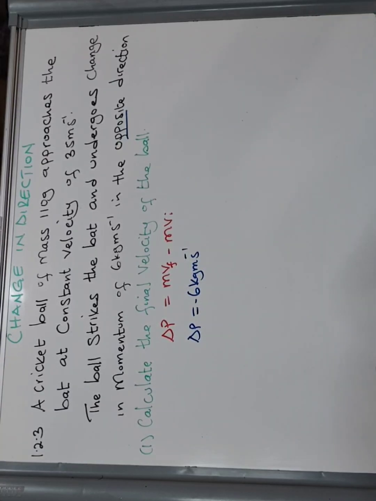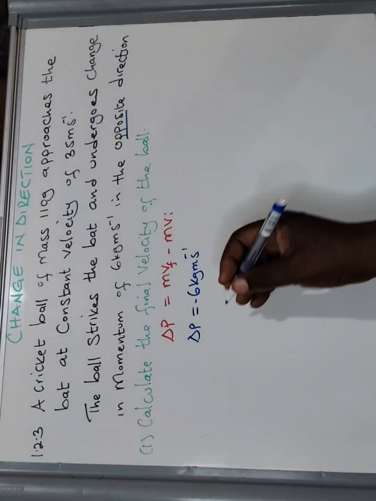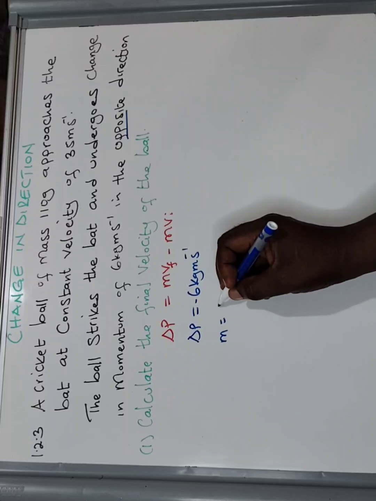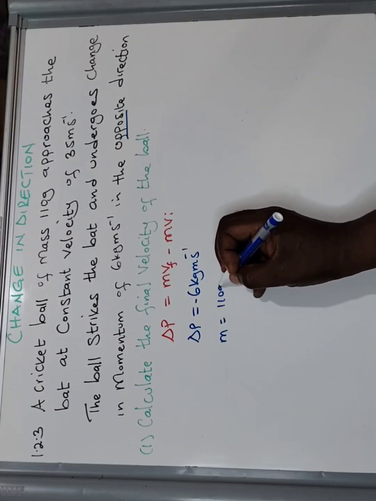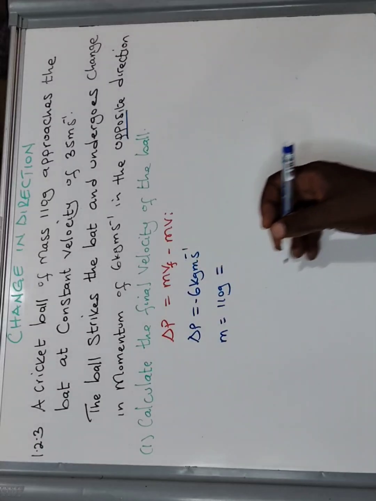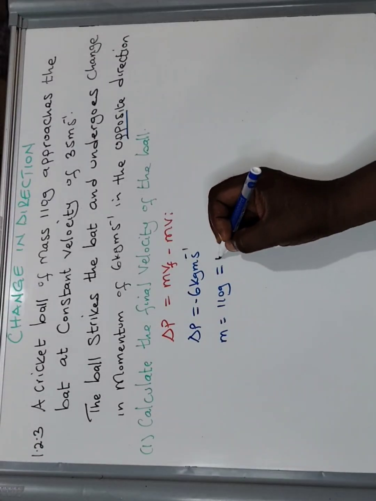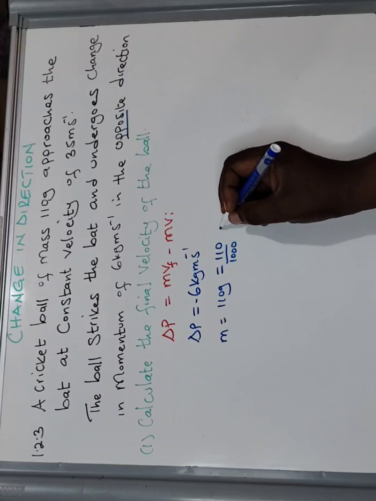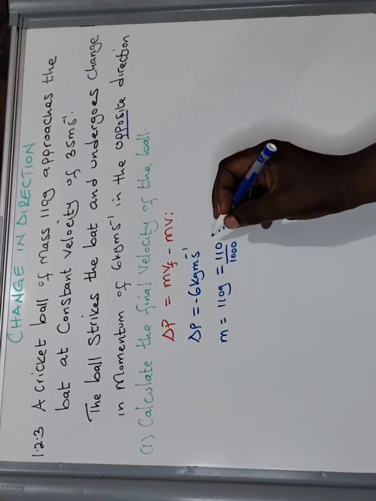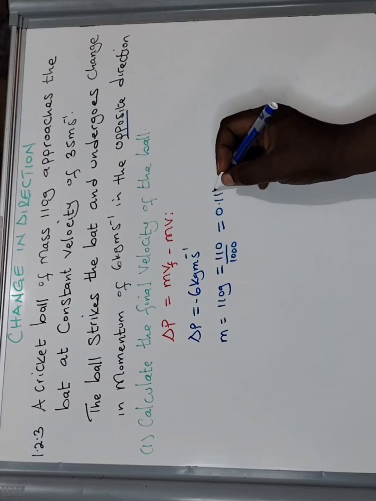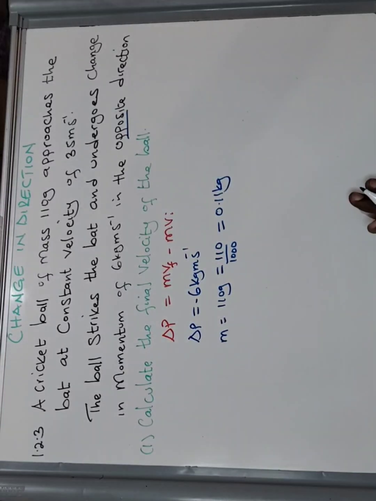Okay. Then what else do we know? We know the mass of the ball. The mass is 110 grams, non-SI units. So what do we do? We change it to kilograms by dividing by 1000, and you get 0.11 kilograms.